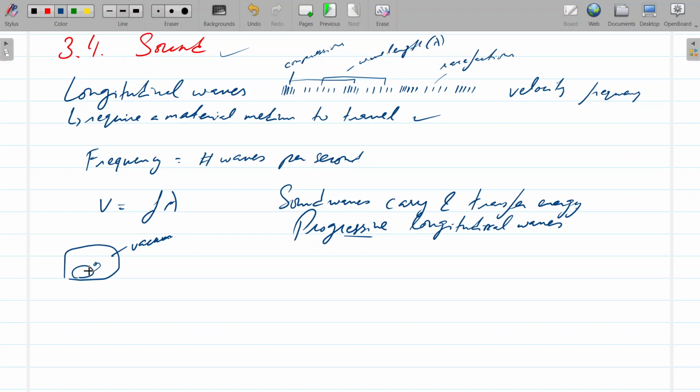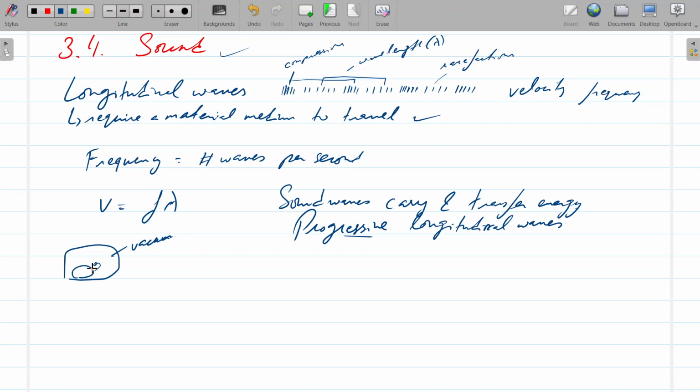The hammer was striking the bell, but you couldn't hear it. Why couldn't you hear it? Because there was a vacuum inside the jar, so the sound wasn't able to travel outside. That experiment proves that sound waves, these longitudinal waves, need material to travel.